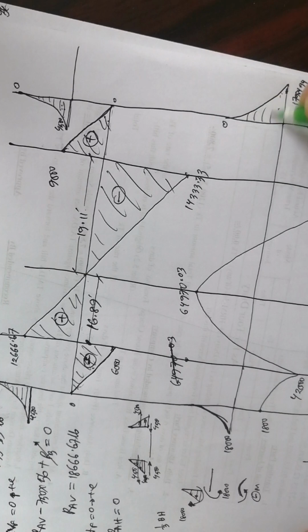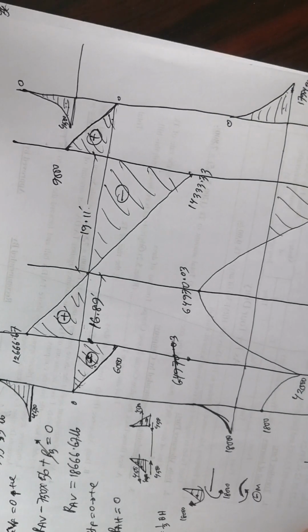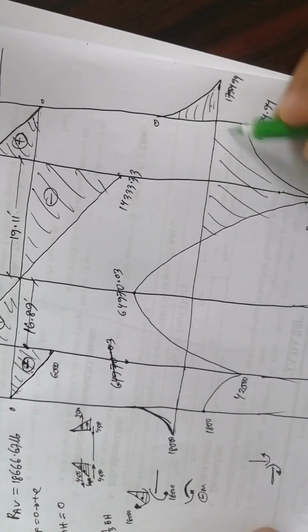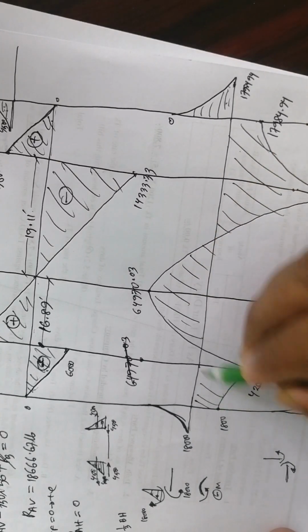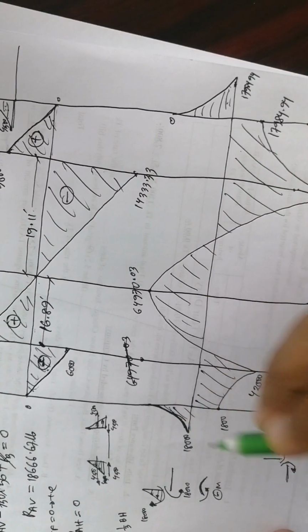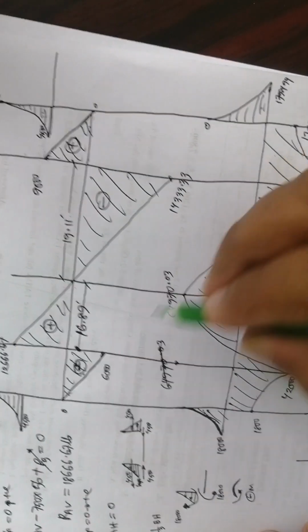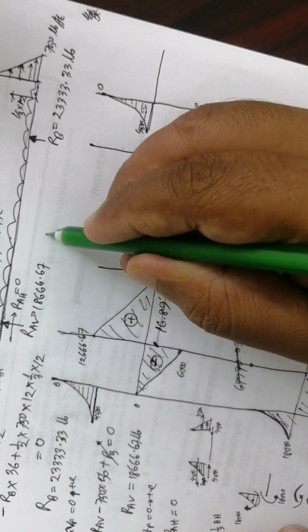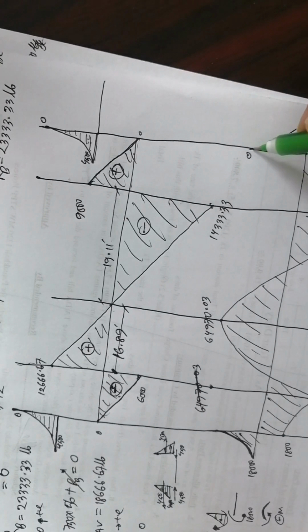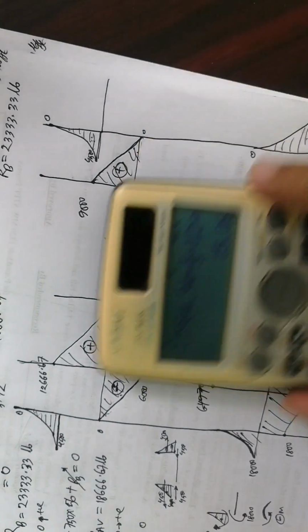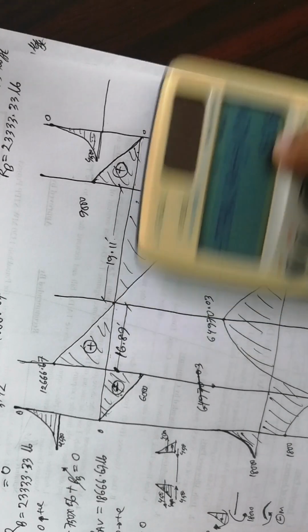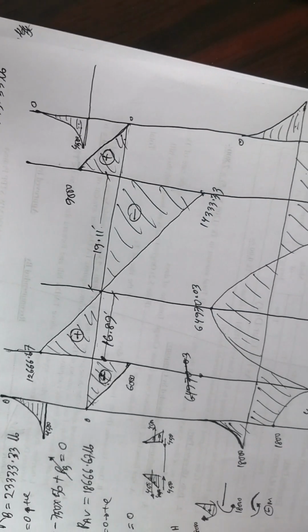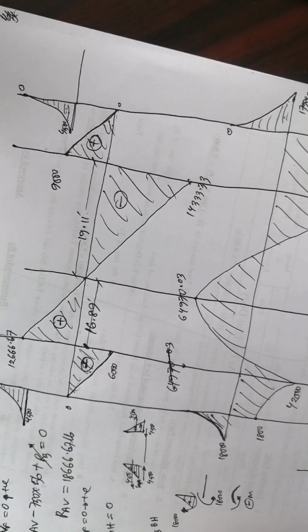So this diagram should be like this. If we take this more accurately, not round figures but more digits, then this difference also minimizes. So this is our diagram.